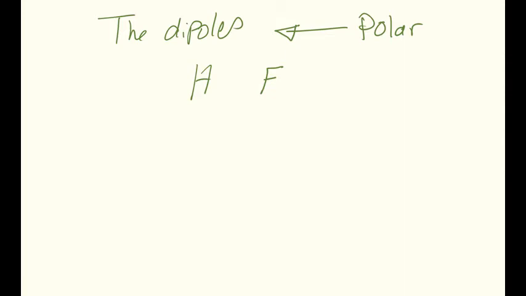One atom is more electronegative and attracts the electrons to itself more than the other atom. The atom that attracts the electrons more will acquire a partial negative charge, while the other one, which has a low value of electronegativity, will acquire a partial positive charge.